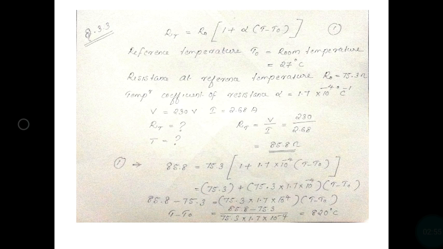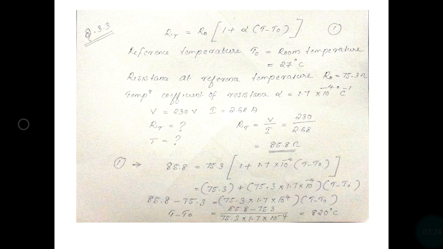The resistance of the material at room temperature is taken as R0, that is, R0 is equal to 75.3 ohm. Temperature coefficient of resistance alpha is also given in the question as 1.7 into 10 raised to minus 4 per degree Celsius. So we are asked to find out the temperature when current is flowing.